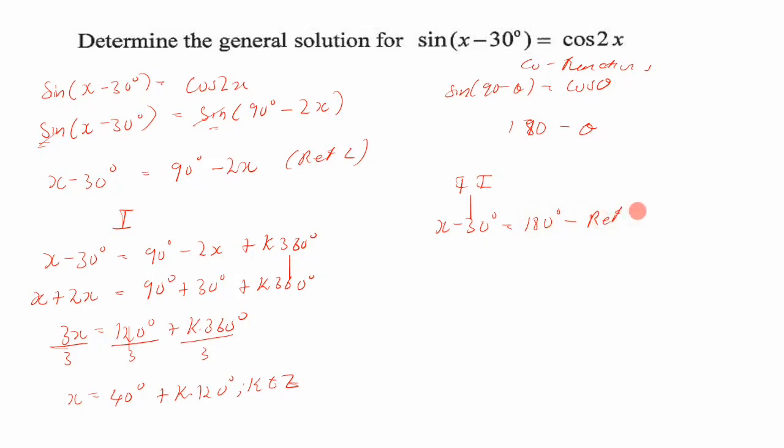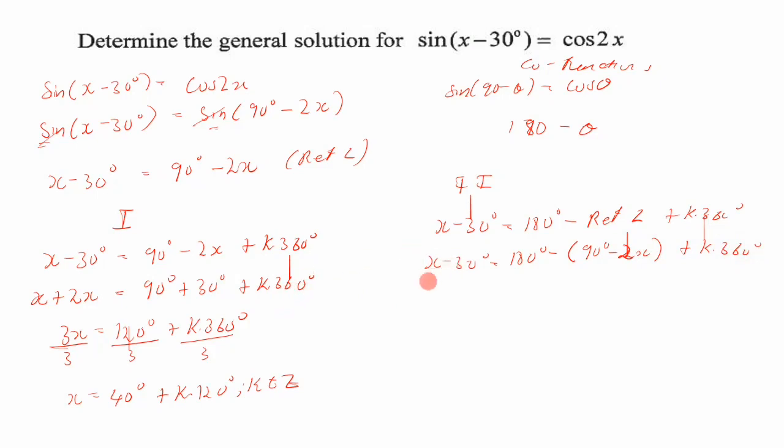So let's start by saying minus the ref angle plus k 360 degrees. So now we will have x minus 30 degrees is equals to 180 degrees minus this expression, the reference angle, so minus 90 degrees minus 2x, right? Then plus k 360 degrees.